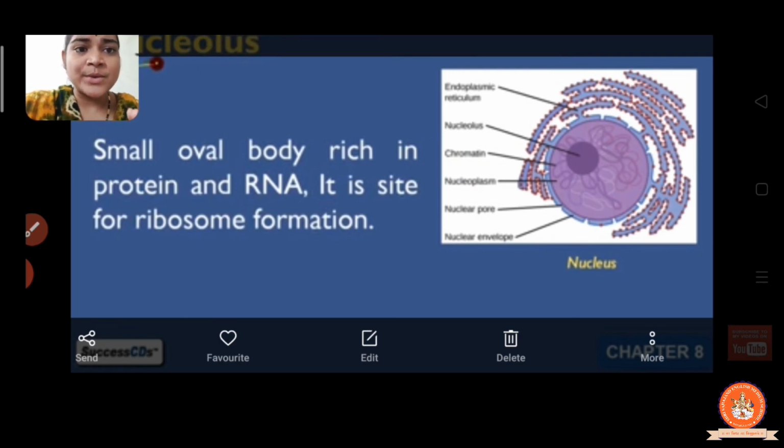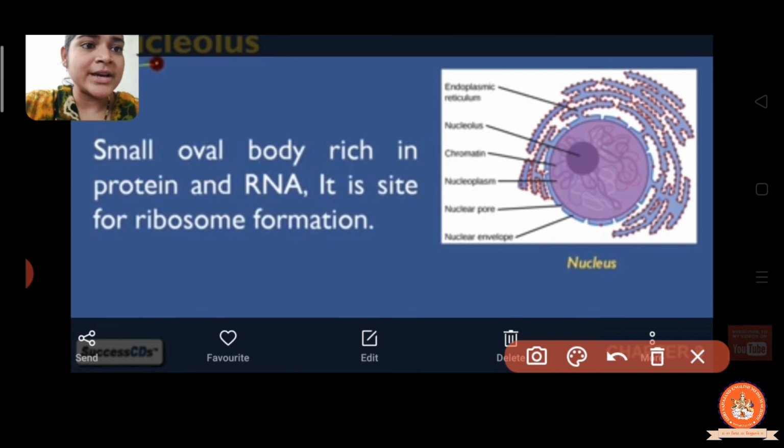You can see in the figure, in the nucleus there is a small oval body present, which is called the nucleolus, rich in protein and RNA. The full form of RNA is ribonucleic acid. Got it? And RNA is a genetic material.